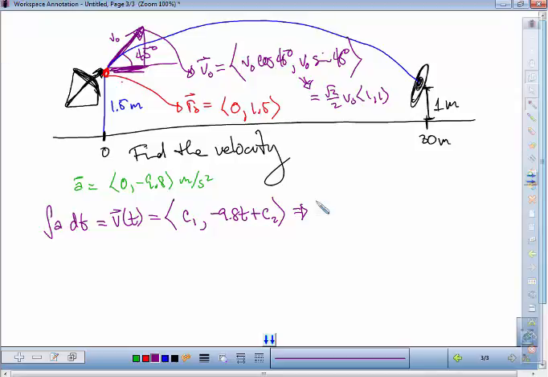So when t is equal to 0, we're going to get c1 comma c2, and that's equal to the initial position. That's root 2 over 2 v naught comma root 2 over 2 v naught. So c1 and c2 must equal root 2 over 2 v naught.